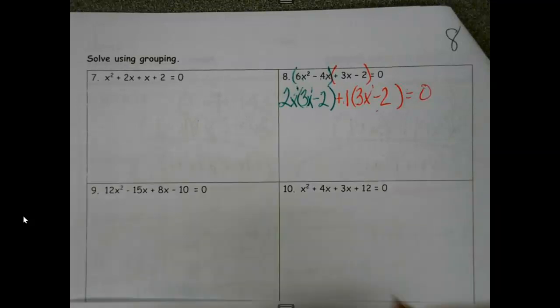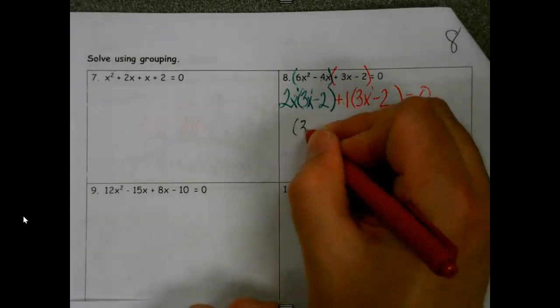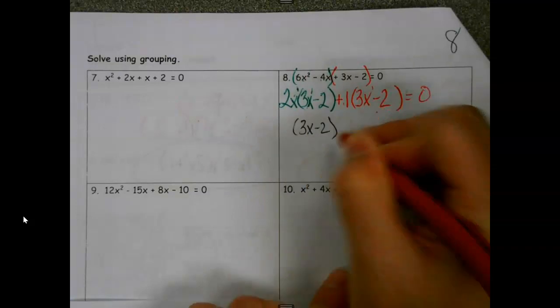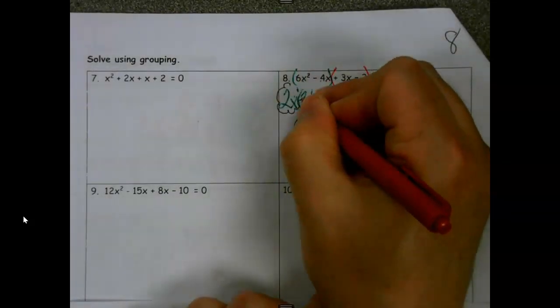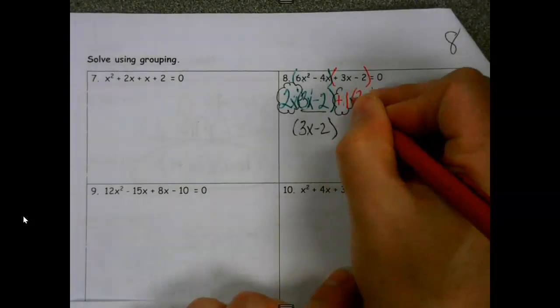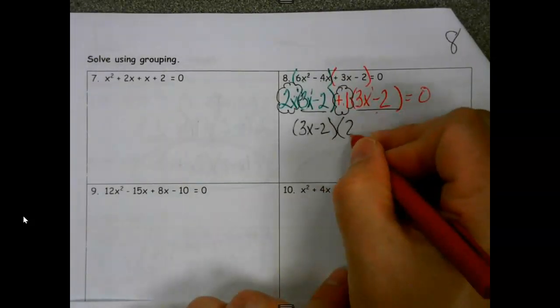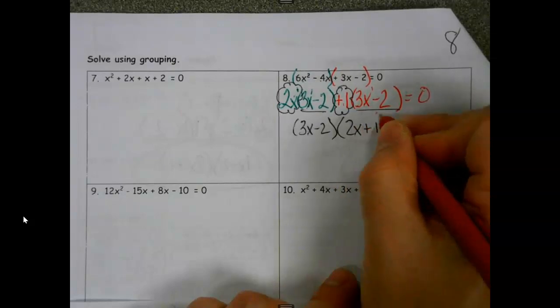So I can move this. There's my common set of parentheses. There's my greatest common factors together.